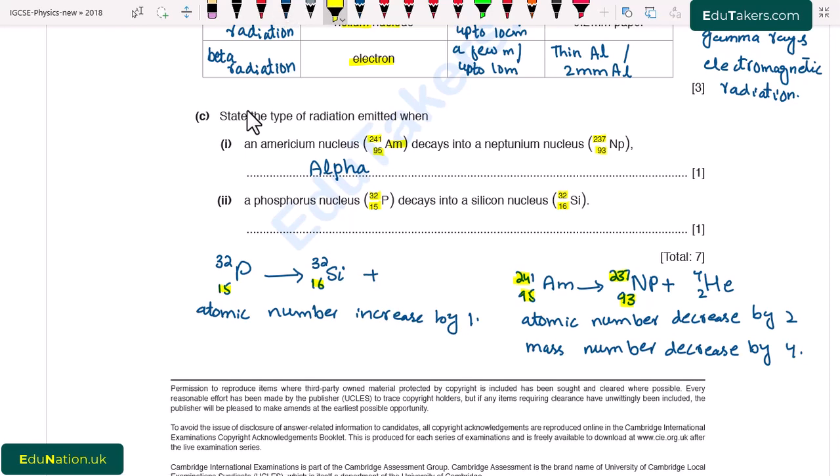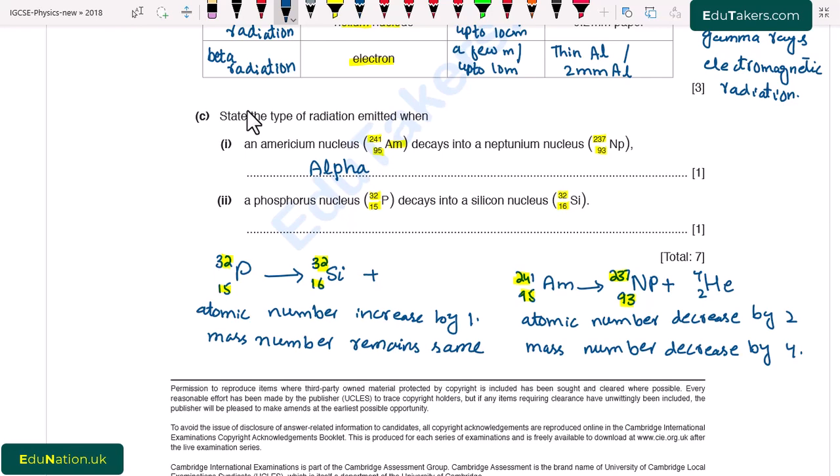Now we check the mass number. It is 32 and it is also 32. It means that the mass number remains the same. So I write here mass number remains same. So the element whose atomic number is 1 and mass number remains the same is just like an electron.